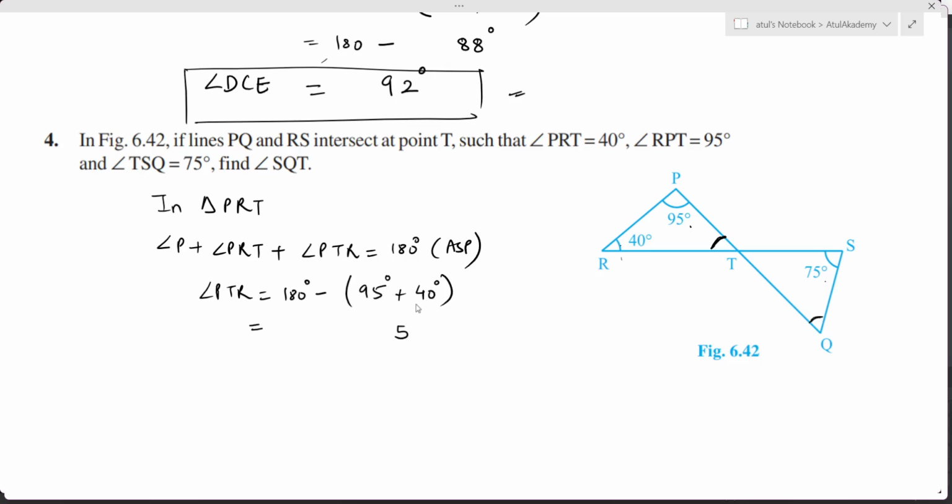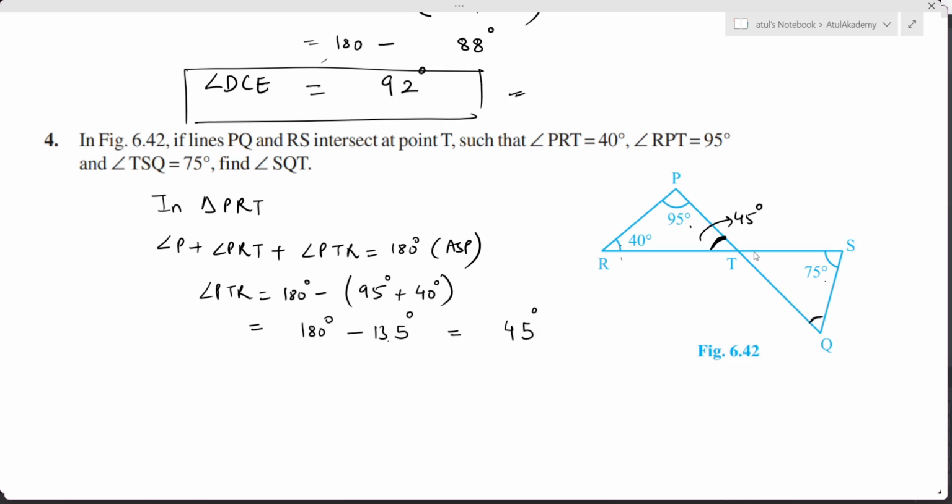9 plus 4 is 13, so 180 degrees. What is the answer for this? 10 minus 5 is 5, 7 minus 3 is 4. So this comes out to be 45 degrees. Now there are two ways of doing this.